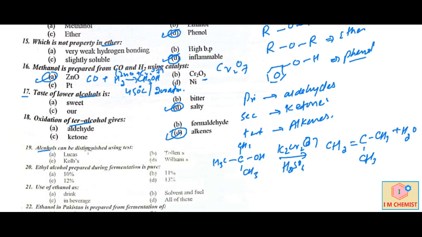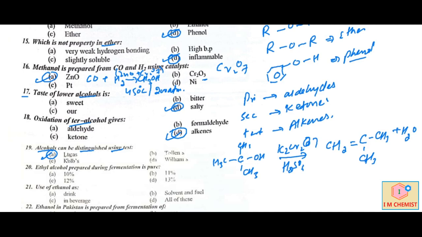MCQ number 19. Alcohols can be distinguished by using what? The Lucas test is performed, and that test is actually used to distinguish between different types of alcohols. If you have a tertiary alcohol, it will form an oily layer immediately once you react the alcohol with hydrochloric acid in the presence of zinc chloride. If you have a secondary alcohol, it will form an oily layer within 5 to 10 minutes.